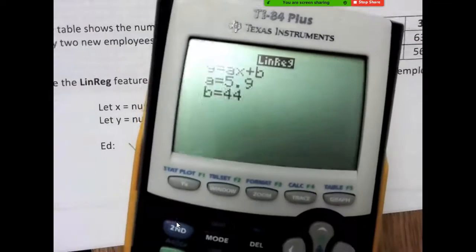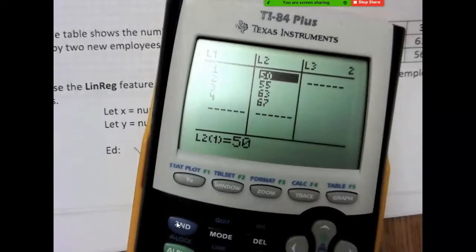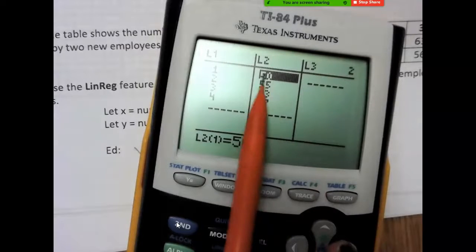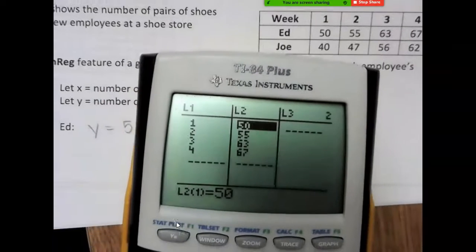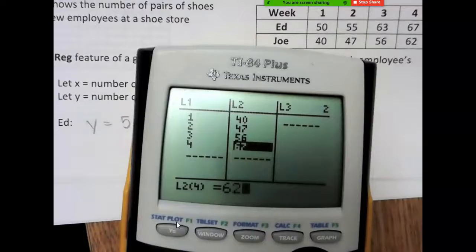Then you're going to go back. You're going to hit Stat. You're going to go to Edit. And now we're going to change Ed's numbers to Joe. So just type right on top 40, 47, 56, and 62.